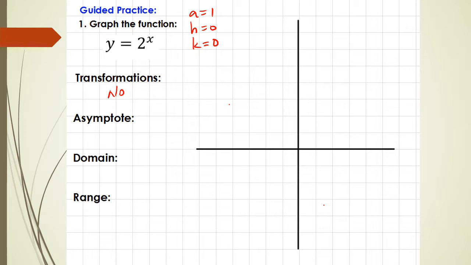So no transformations. So the asymptote, remember I said, was at y equals k. So y equals 0, since k is 0. The domain is going to be from negative infinity to positive infinity. And I know you don't see it yet, but the range is going to start at 0. It's not going to go below the x-axis, but it's going to go to positive infinity.